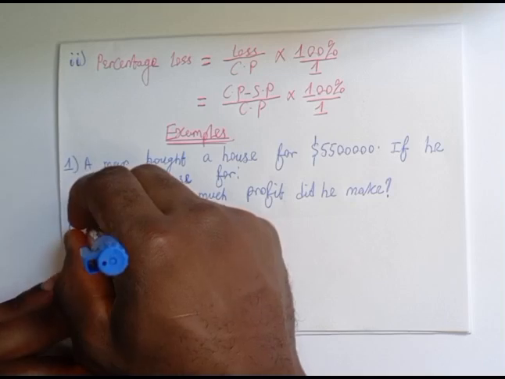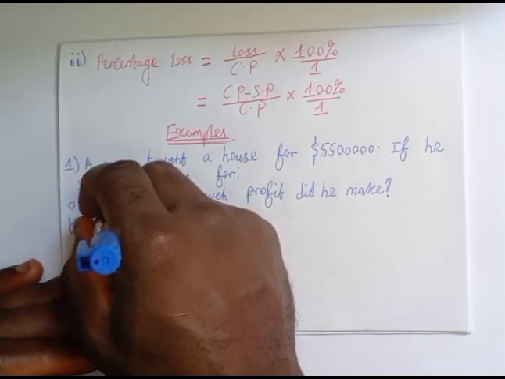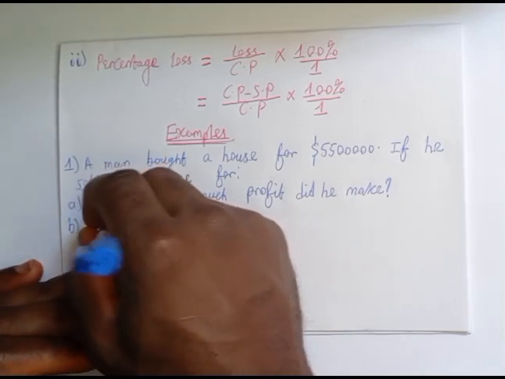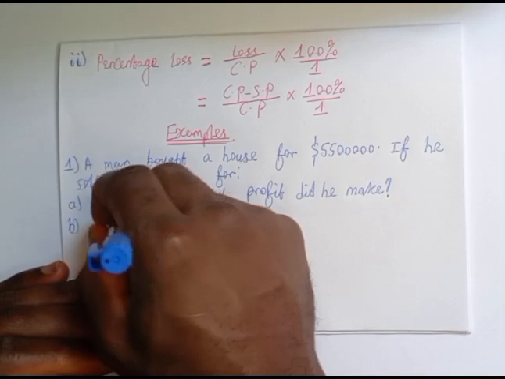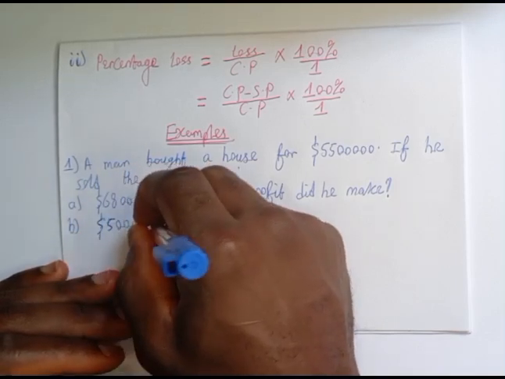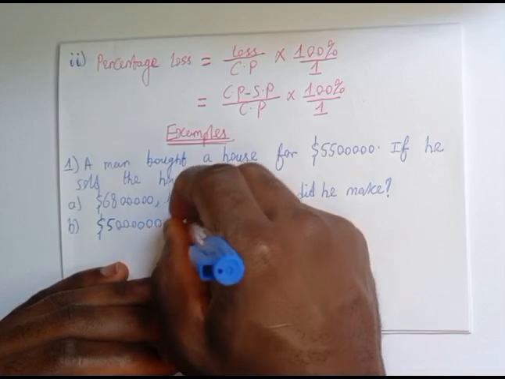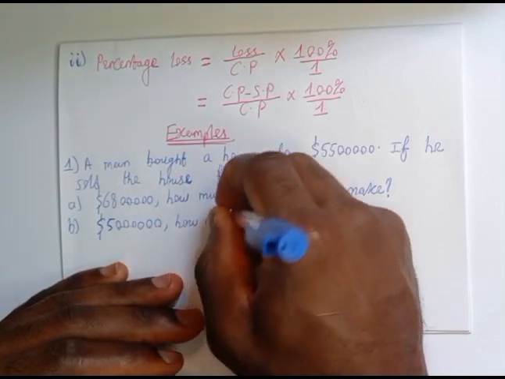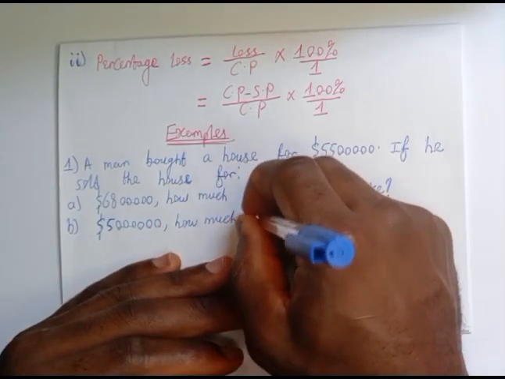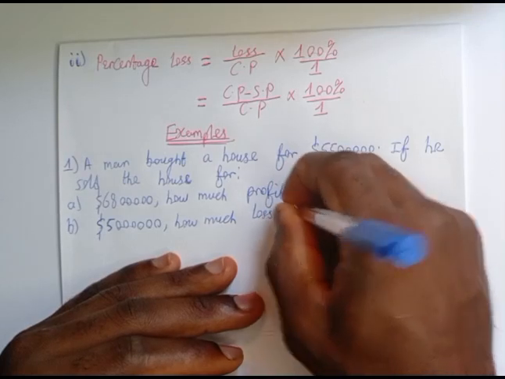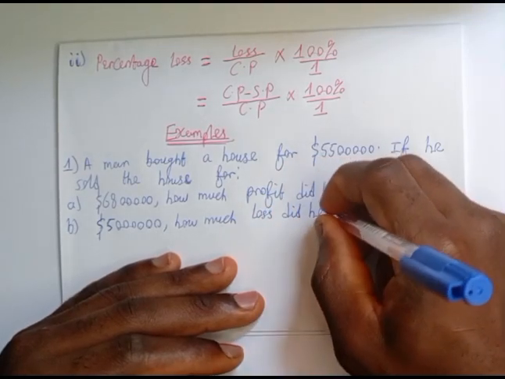For B, $5 million, how much loss did he make?